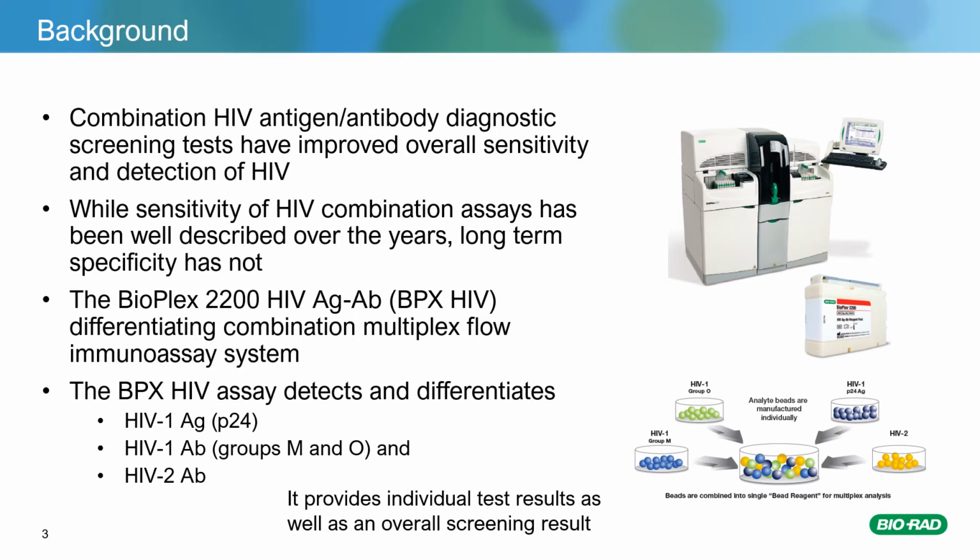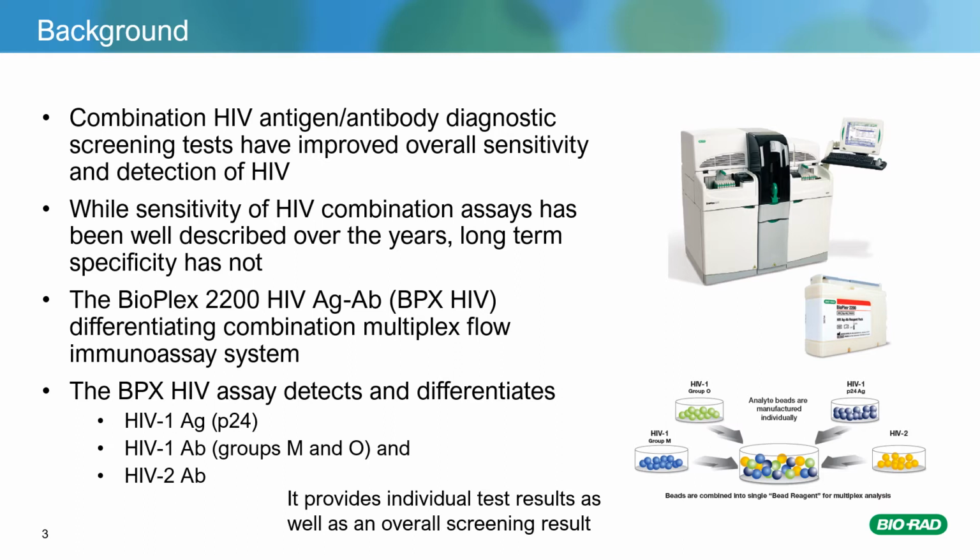To do a brief background, the introduction of combination HIV antigen and antibody diagnostic screening tests developed over the last decade have improved the overall sensitivity and detection of HIV. While sensitivity of HIV combination type assays have been well described over the years, long-term specificity has not.